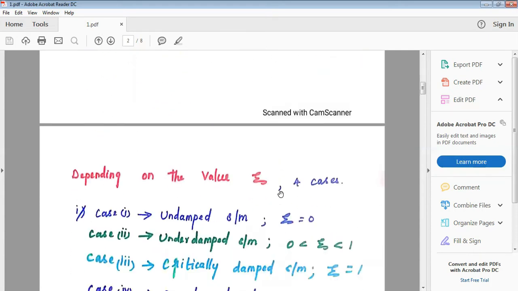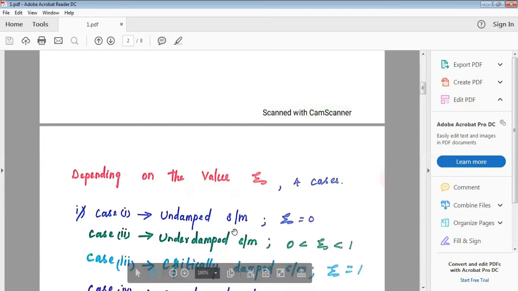So next one is the response of c of t of the second order system depends on the value of damping ratio. So depending upon the value of zeta of the control system, it can be classified into 4 cases. Case 1 is undamped system, that is the value of theta will be equal to 0, right?